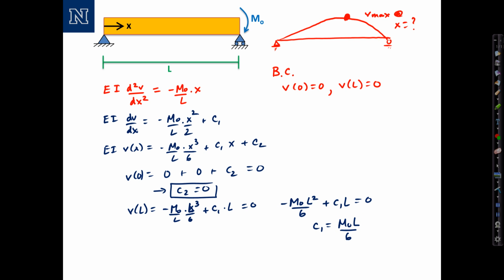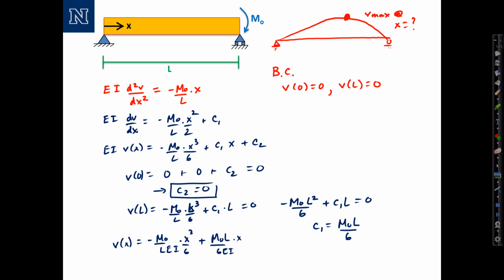So in summary, v of x equals, I'm going to divide through by EI, negative M0 over L EI times x cubed over 6 plus c1, M0 L over 6 EI times x.